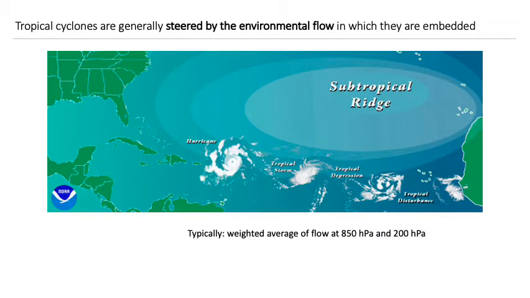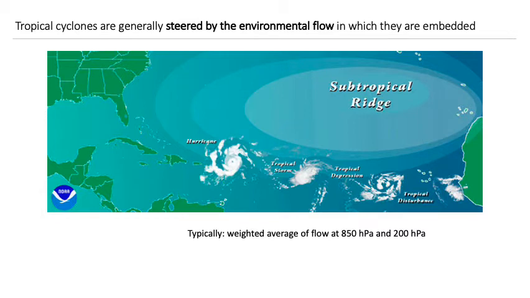And tropical cyclones are generally steered by the environmental flow in which they are embedded. This is just a cartoon image showing, for the Atlantic, the progression of a tropical cyclone starting way off the west coast of Africa. Many of our tropical cyclones in the Atlantic form from disturbances that move off of the West African coast, associated with the West African low-level jet and its breakdown into eddies.